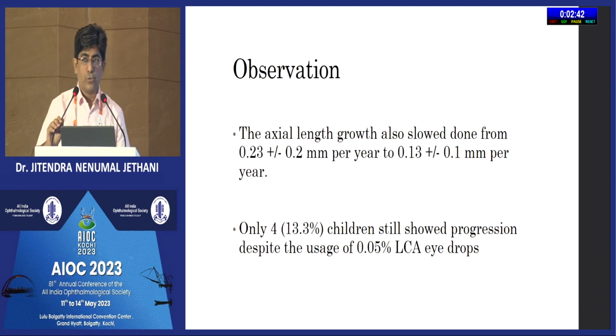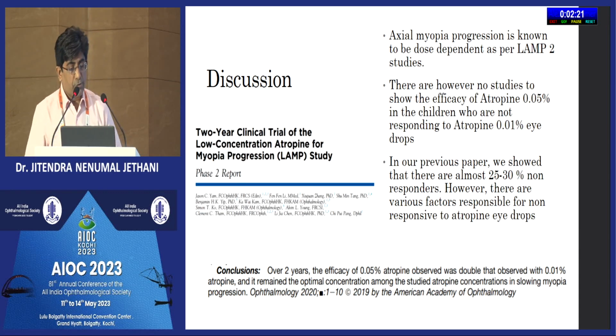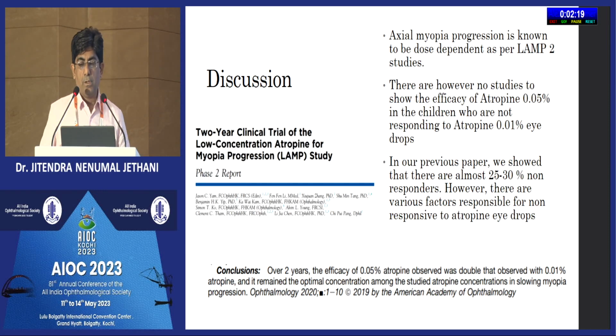The axial length growth also slowed down, but there were 4 children out of 30 who still were progressing despite using a higher concentration. And we all know now that 0.01% atropine is used to control myopic progression. Most of the studies have shown good results. There was a wonderful report from the LAMP 2 trial where they showed that axial myopia progression is indeed dose dependent.